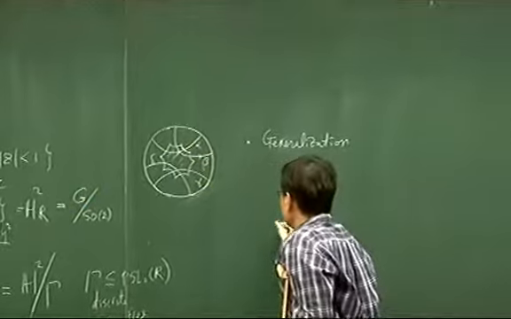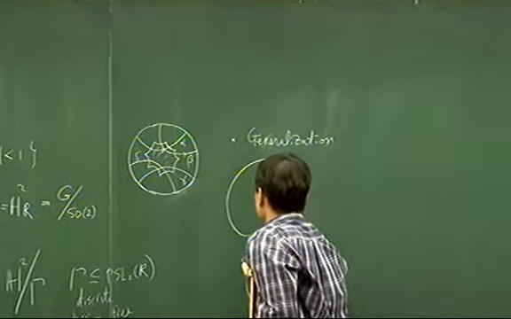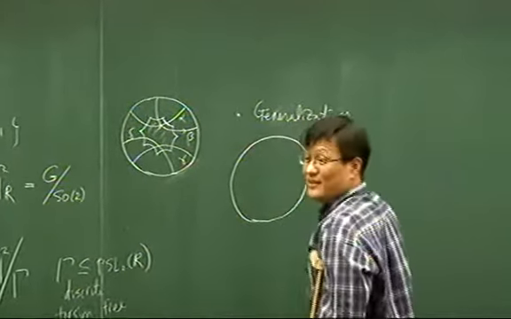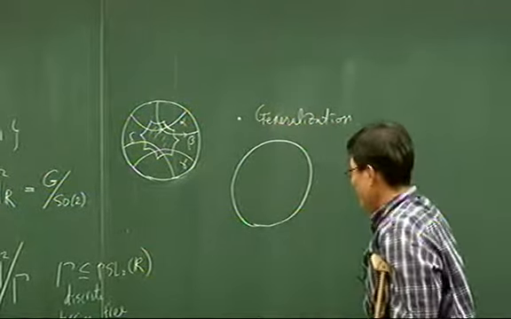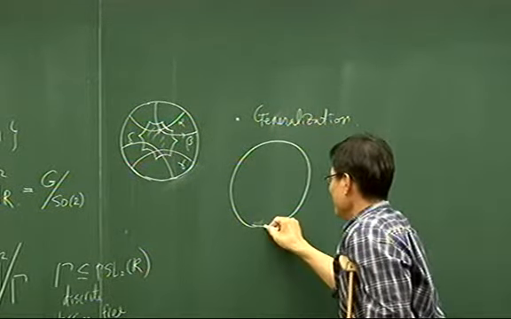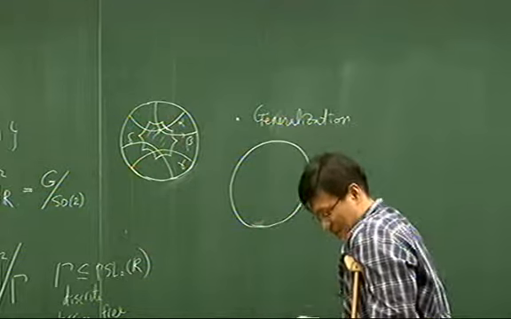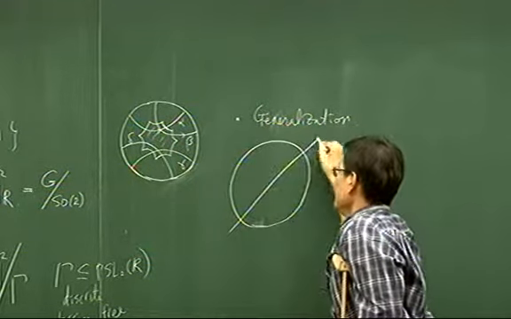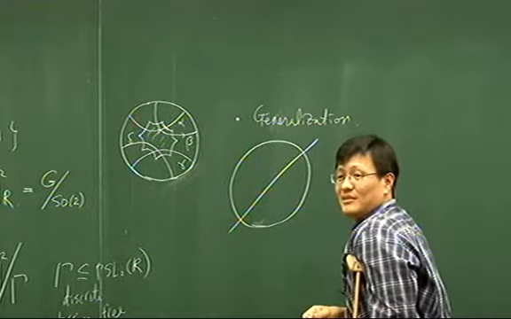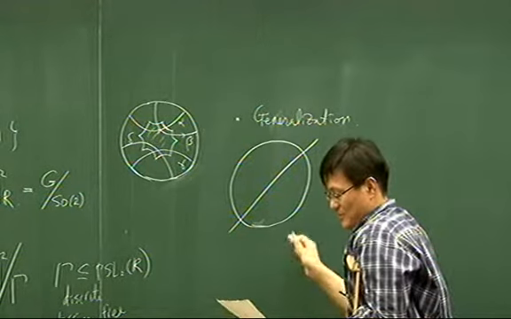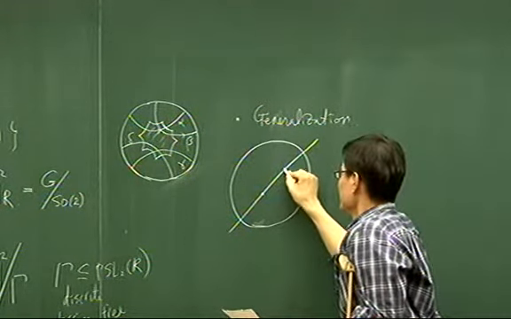So draw any convex domain on R2. Okay? Convex domain on R2. And then I will define a distance, a metric, on this open convex domain.